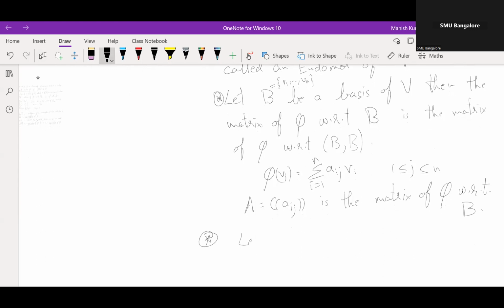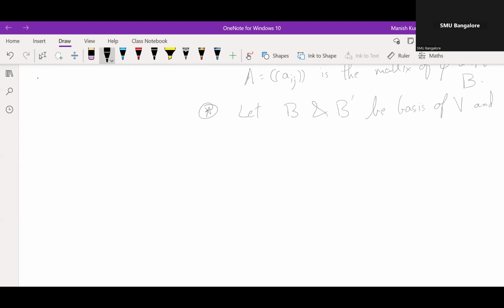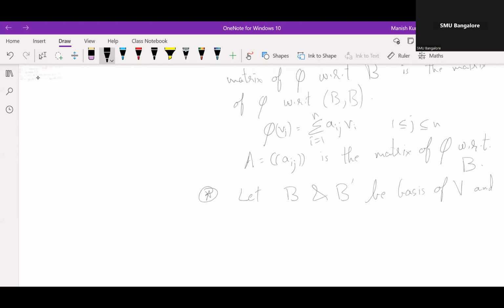Let B and B prime be bases of V. Say A and A prime are the matrices of phi with respect to B and B prime.